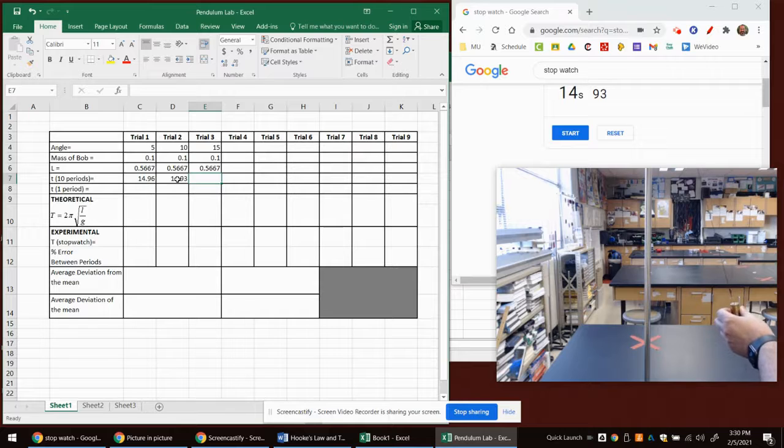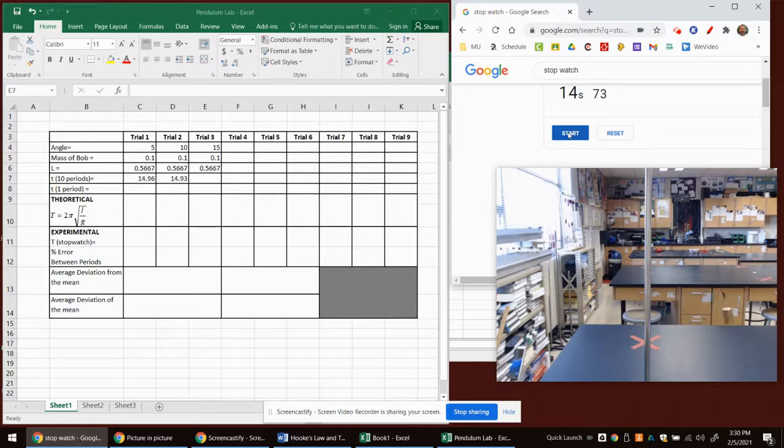So I take it back to 15 degrees, I'm going to let go. Again, once it hits one of the sides, we'll hit start. 1, 2, 3, 4, 5, 6, 7, 8, 9, 10.